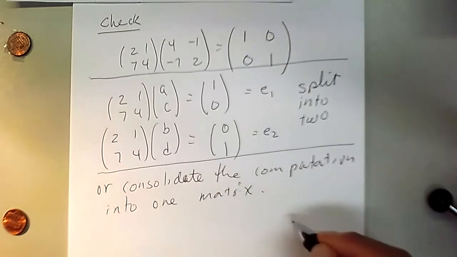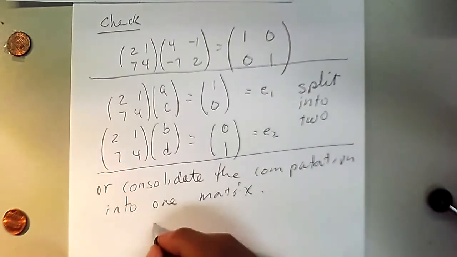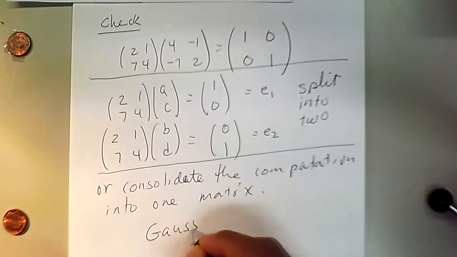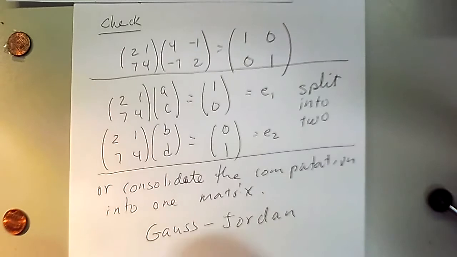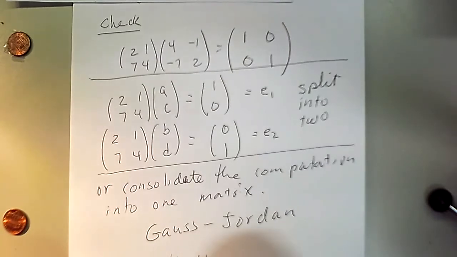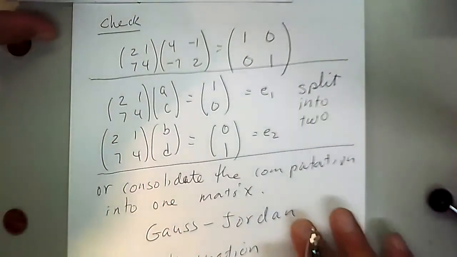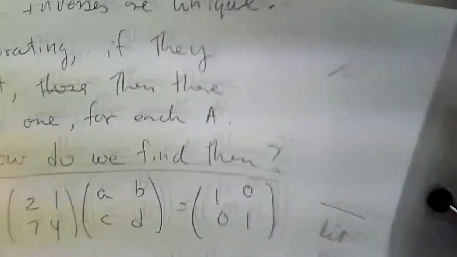And doing so is what is called the Gauss Jordan elimination method to obtain the inverse. So let's practice that one. So we are still doing the same example.